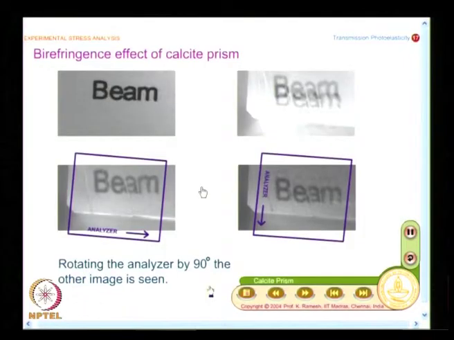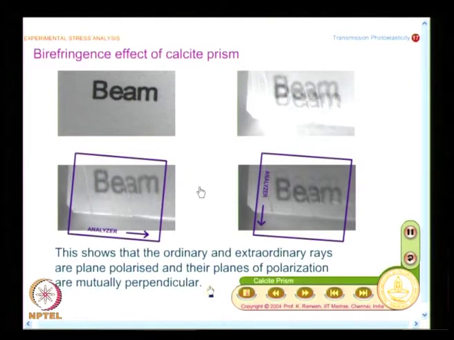So, this shows that the beams are polarized, and because I get these two images when I keep them at mutually perpendicular positions of the analyzer, we also have established that these two beams are polarized in mutually perpendicular direction. So, that is what is summarized here. The ordinary and extraordinary rays are plane polarized.